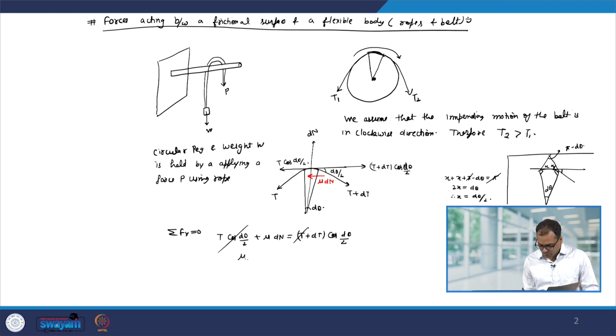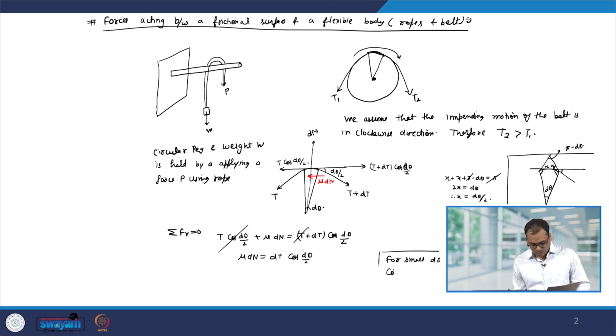So, we have mu dN equal to dT cos d theta by 2. Now, we also know that for small d theta, cos d theta by 2 is 1. Therefore, we have mu dN equal to dT. Let us call it equation number 1.